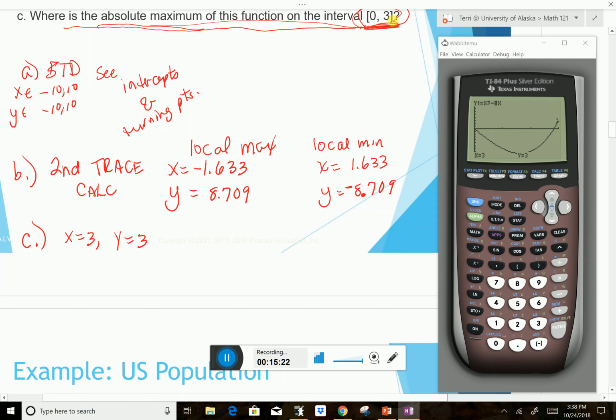So the endpoint of this interval is where the actual maximum is in this case. The minimum is still the same. The minimum is still this guy right here. But the maximum, because we're limiting ourselves only to 0 to 3, it's at x equals 3 and y equals 3.